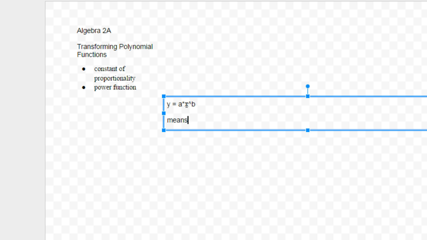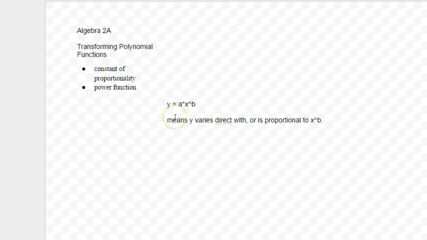This means y varies directly with, or is proportional to, x to the bth power. And b could be basically any power. So just remember that this is also a direct proportionality problem that works the way it is.